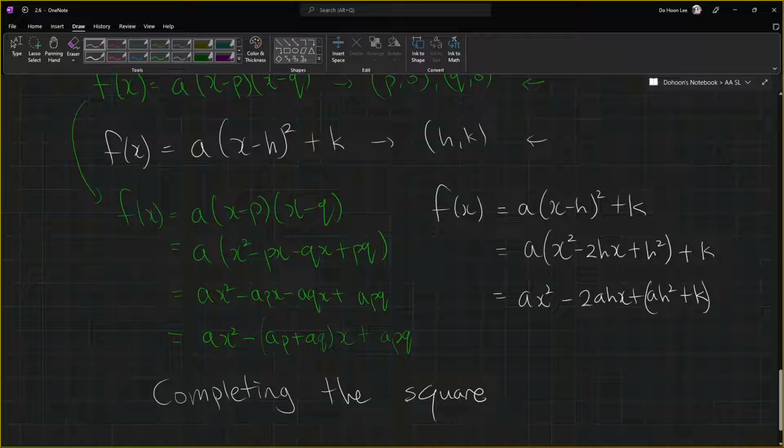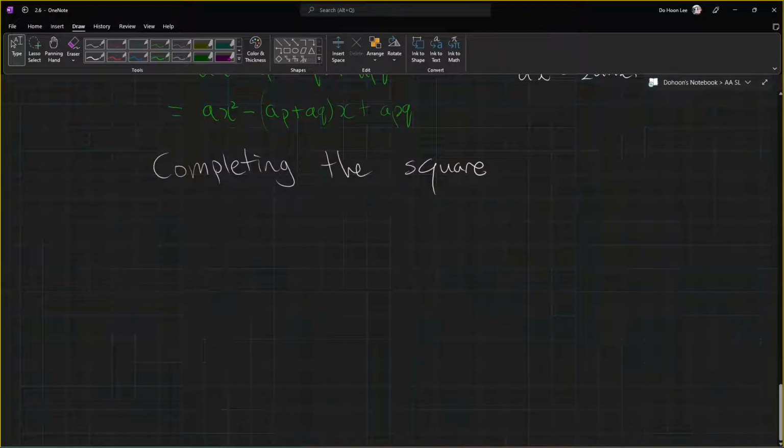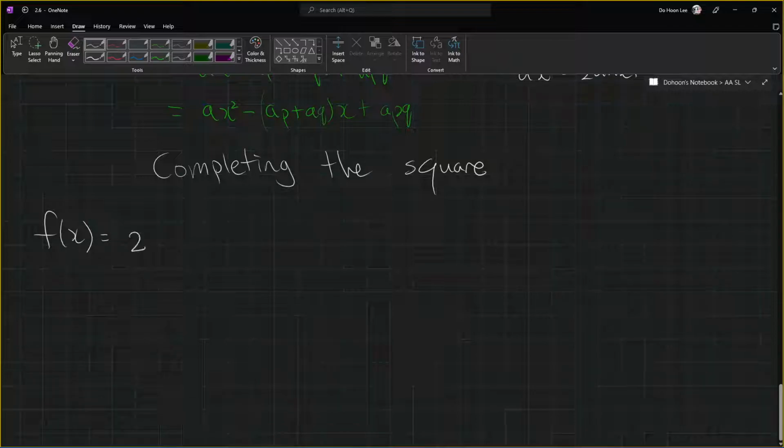For this one, I'll show you some examples on the side. First, let's try an example such as f(x) equals 2x squared minus 5x plus 1. Okay, first thing I want to do is put brackets around the 2x squared minus 5x. I'm going to exclude plus 1 for now.